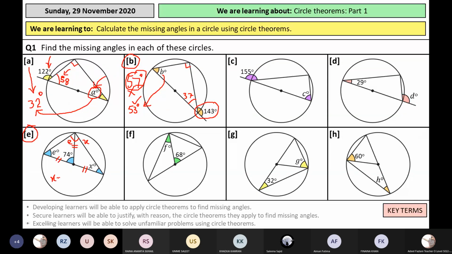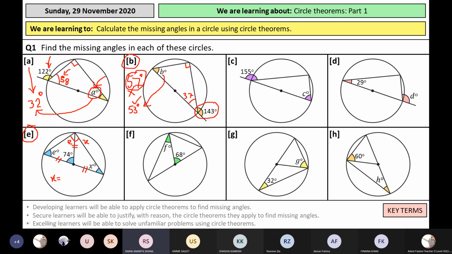According to you, what is the angle of X? 37. Are you sure? Anyone else? It's going to be 2E plus 37.